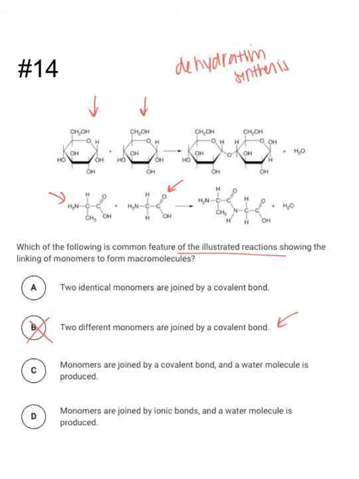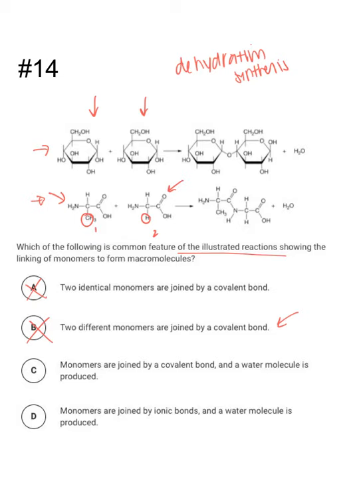So we can have two identical monomers. We can also have two different monomers, seeing that these two amino acids, 1 and 2, have different R groups. So dehydration synthesis can bring together two identical monomers and two different monomers joined by a covalent bond. However, that makes number 1, or A, obviously not correct.